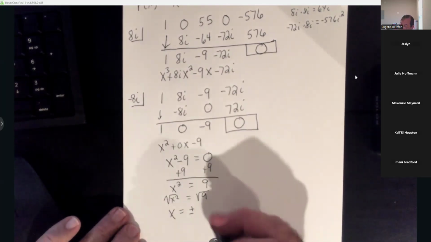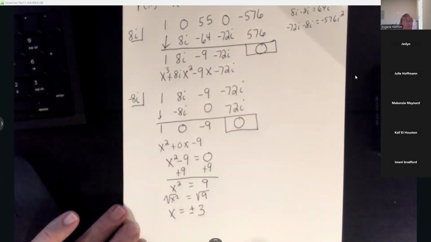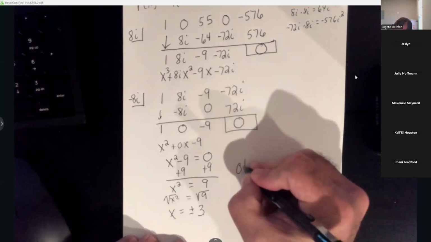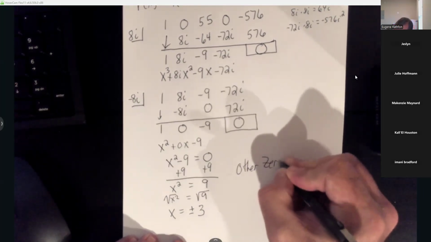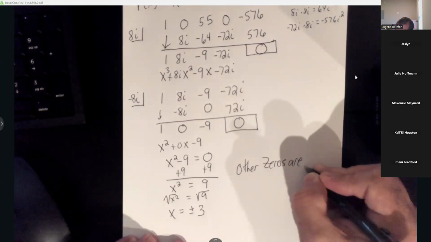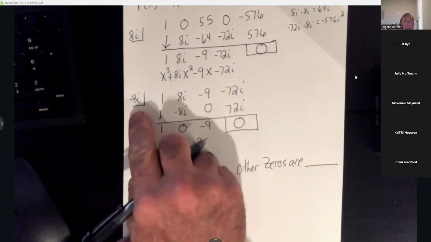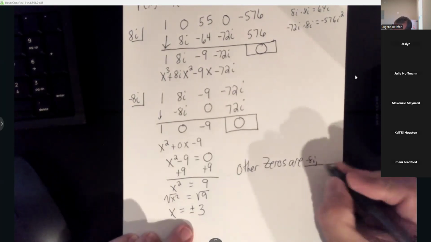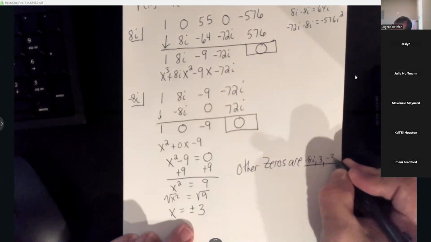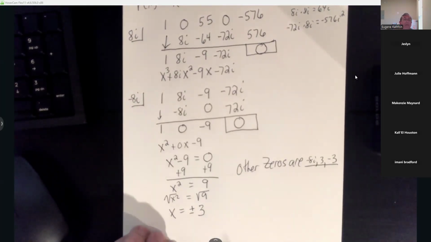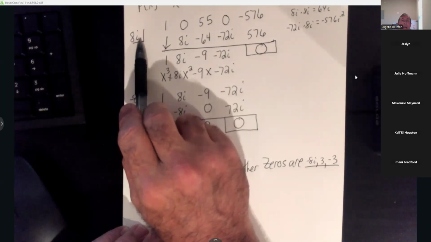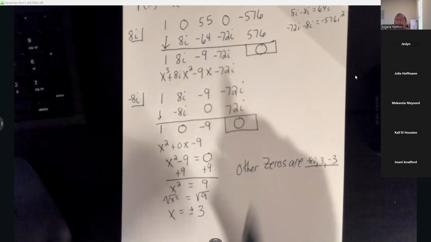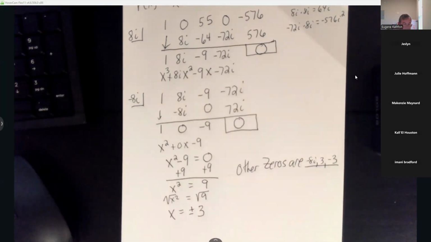A plus or minus 3. Perfect, Julie. So on this one, your other zeros are negative 8i, and then a 3 and a negative 3. Remember, do not put the 8i because they gave you that one, okay? They just want the other 3.